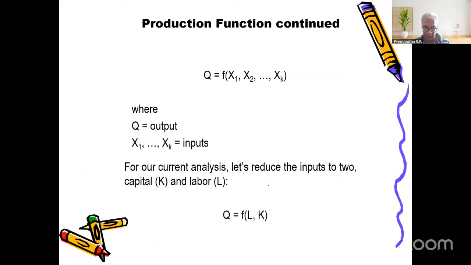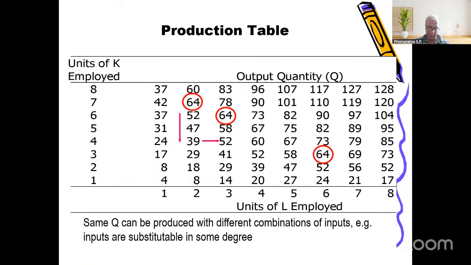I discussed last time. So for discussion purposes, when you take the production function, we have to include all the inputs. But here we include only two inputs, labor and capital. Hereafter, we go with these two inputs. With that, this table shows the two-input case, capital and labor. Using different combinations, inside this matrix, you can see the output.